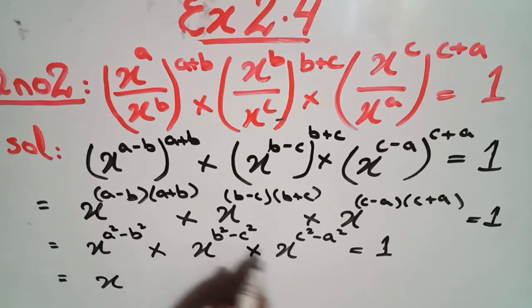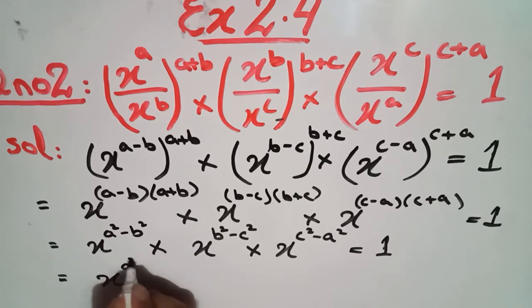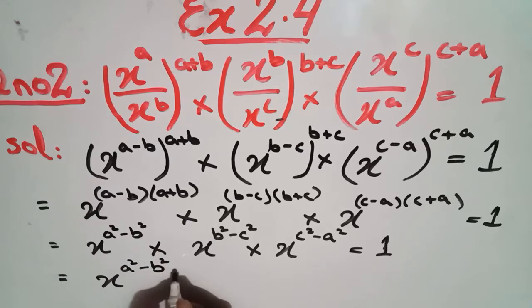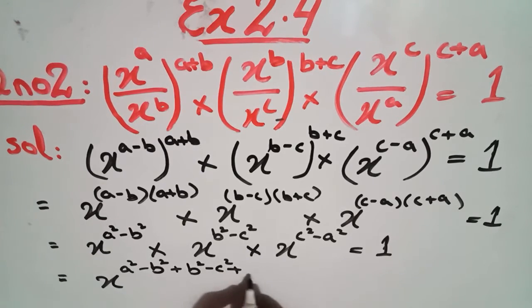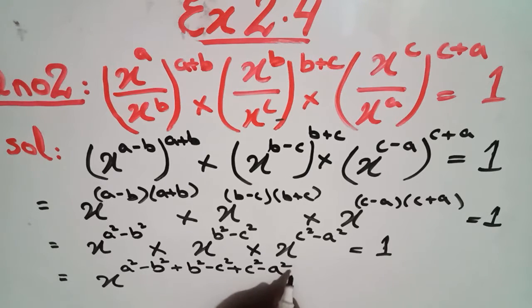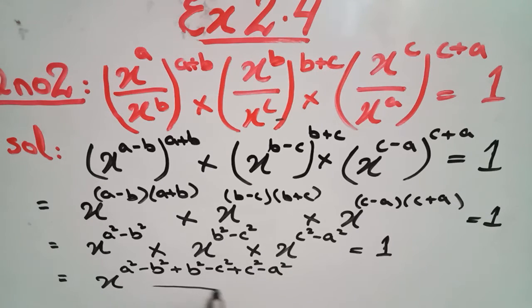So I am combining these powers: a square minus b square plus b square minus c square plus c square minus a square. I have combined all the powers.